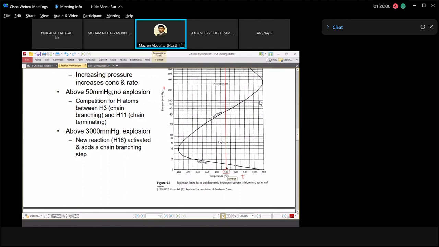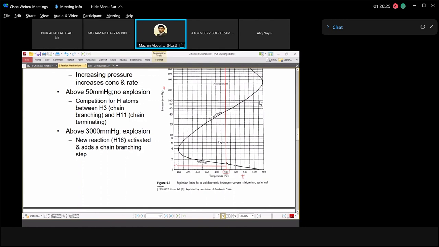If you are at this point, that means at this pressure, slightly above 1 atmosphere, no, here it is in millimeters of mercury, let's say 1.3, at this particular temperature it will not explode because you are in this region.